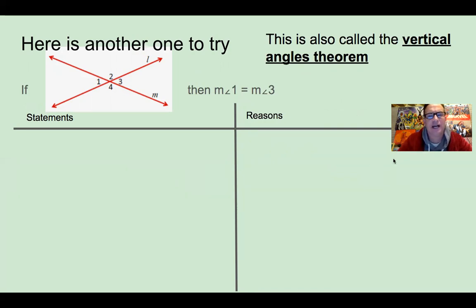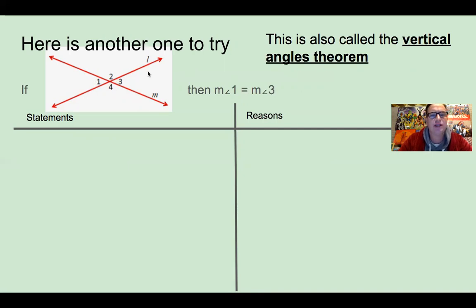Right now, we're talking about this using the vertical angles theorem. So let's talk this through for a minute. If we have vertical angles, they are opposite each other, they come from two intersecting lines, and they're the two angles opposite each other from those lines.